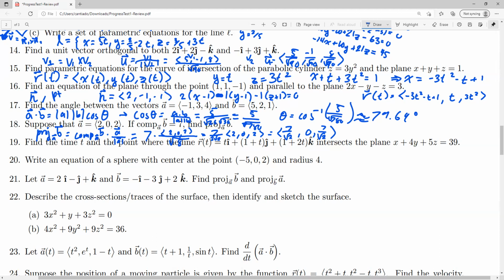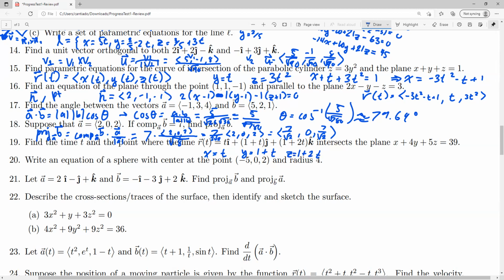So we can take advantage by changing this vector equation into parametric form. If we break it down, x is equal to the component in front of i, which is t. So x is equal to t, y is equal to 1 plus t, and z is equal to 1 plus 2t.